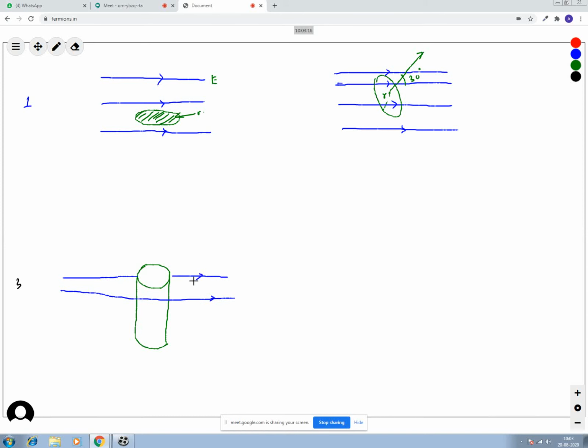Third one, this is a cylinder which is kept in an electric field.